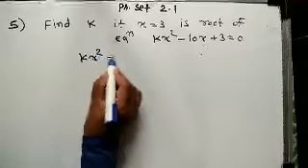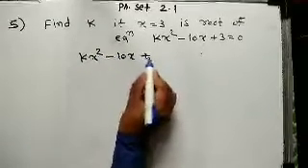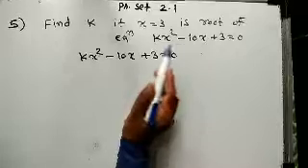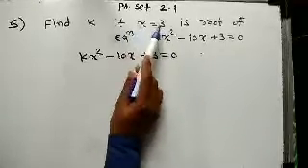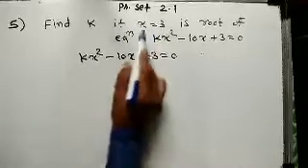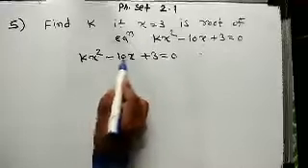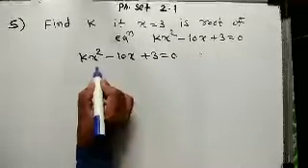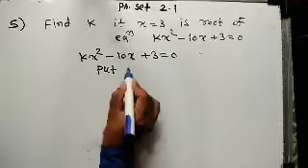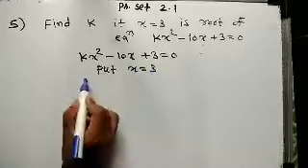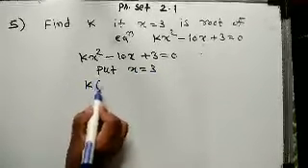kx square minus 10x plus 3 is equal to 0. Here the root is 3, which means when we put the value of x as 3, the equation is satisfied. Therefore put x is equal to 3, with k as it is.